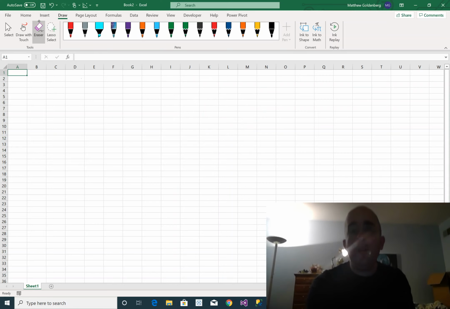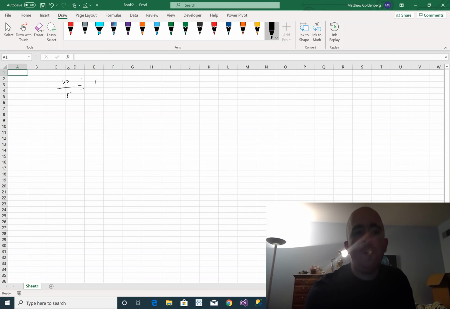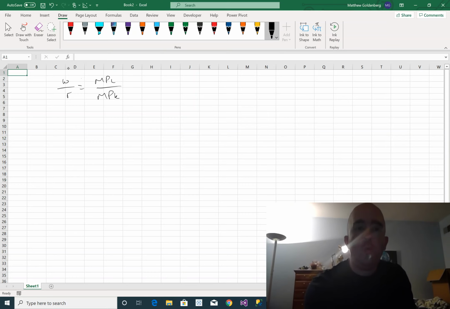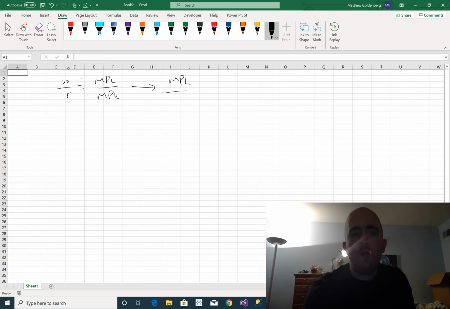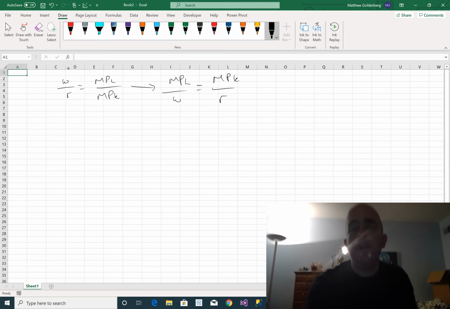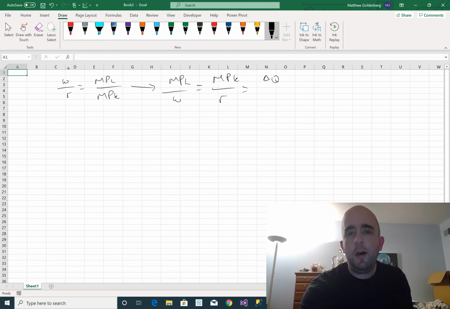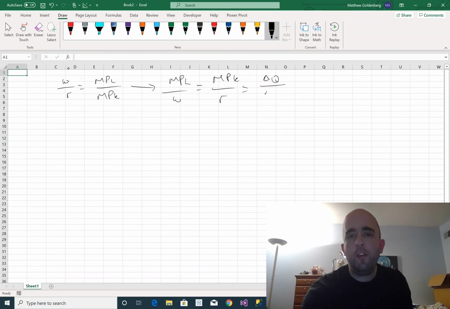So the reason I say that is we have our formula now. Wage over rate is equal to marginal product of labor over marginal product of capital. We can rewrite that as marginal product of labor over wage equal to marginal product of capital over rate. We can even rewrite that as change in quantity over change in labor over wage equal to change in quantity over change in capital over rate.